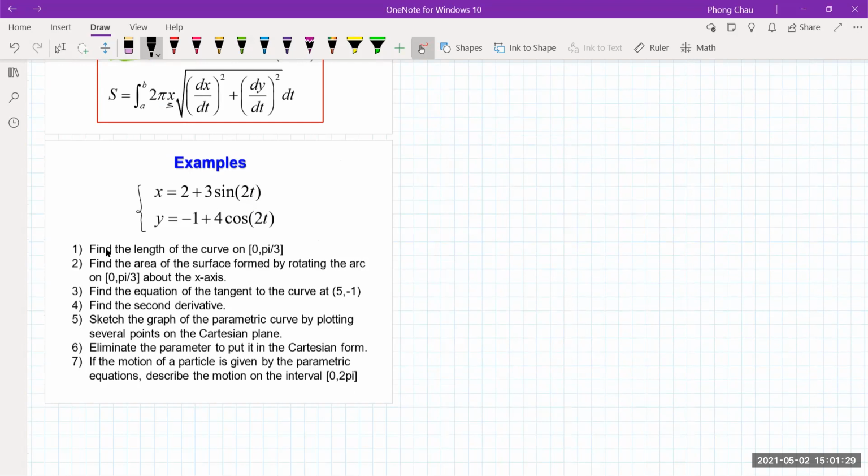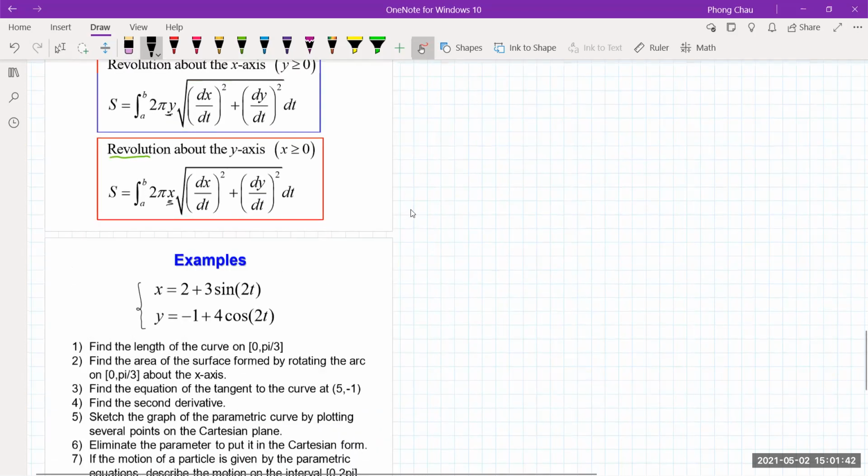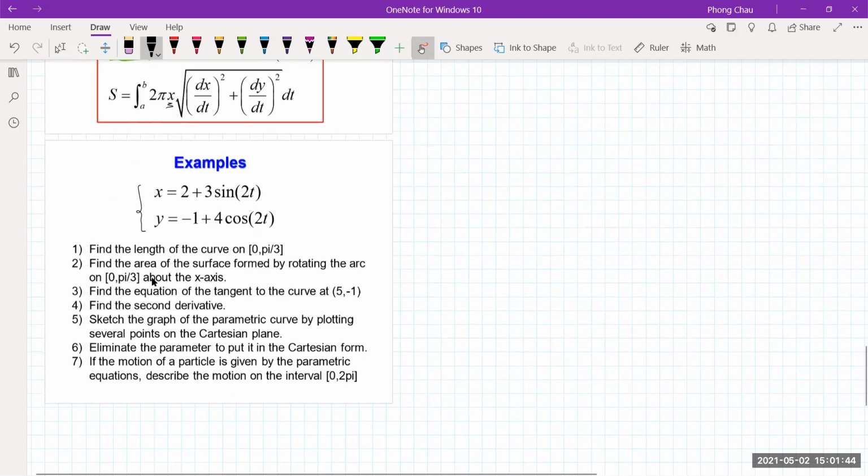Okay, so again, find the arc length, the length of the curve on the interval from 0 to pi over 3. First and foremost, when you do a problem involving calculus, you need to find dx and dy. I'm going to do this here really quick on the side first before I do anything.